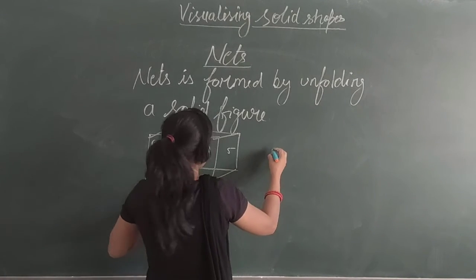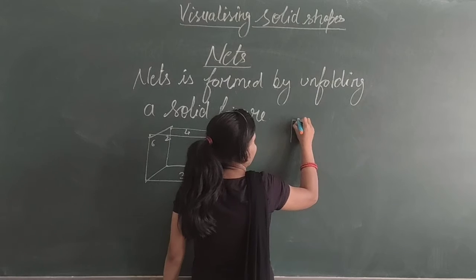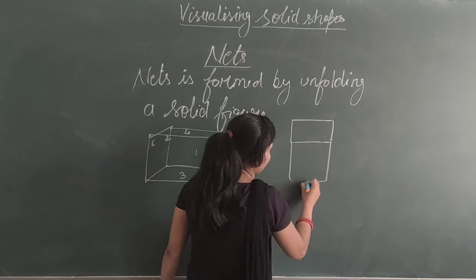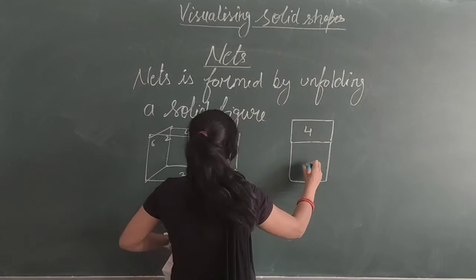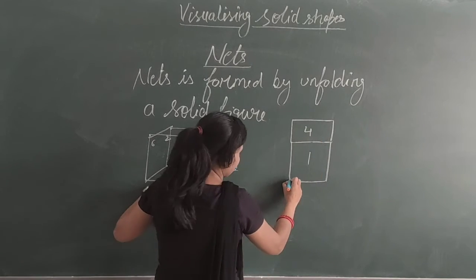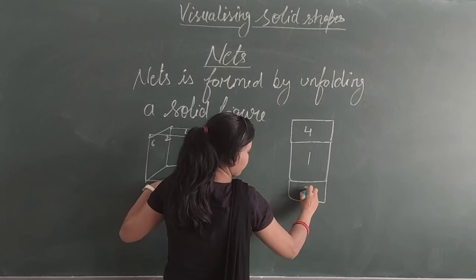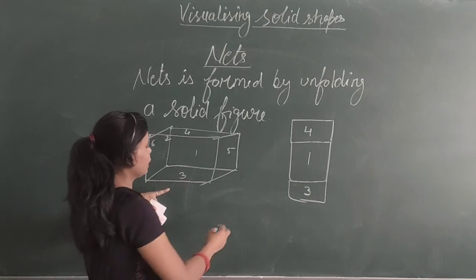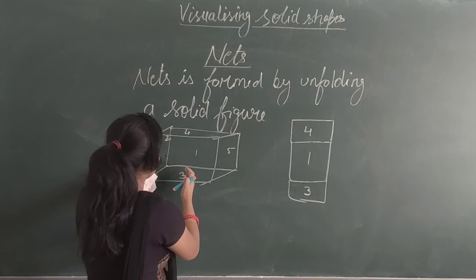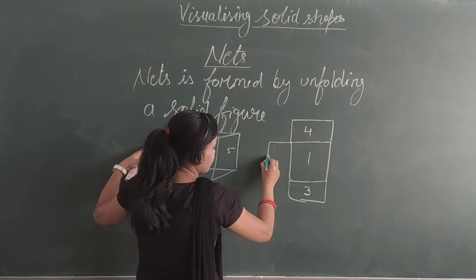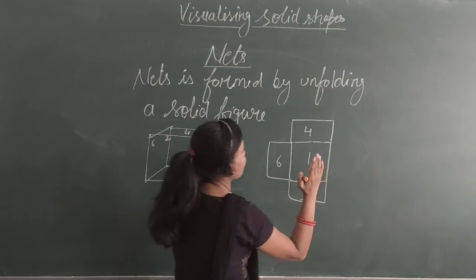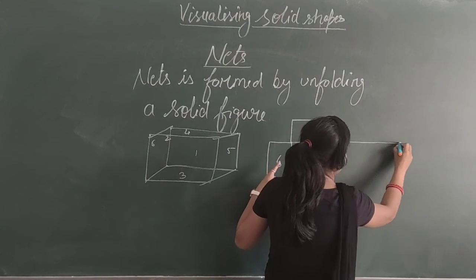Now what have I opened? First, 4 open. After that the first face is here. This is 4, this is 1, and this is 3. Okay, 1, 4 and 3. Now the left side. Left side is 6, and the back part will come here.